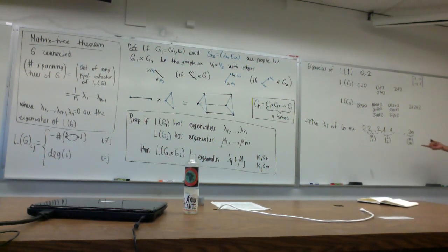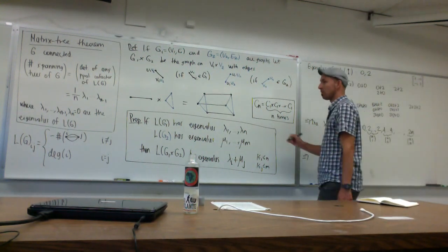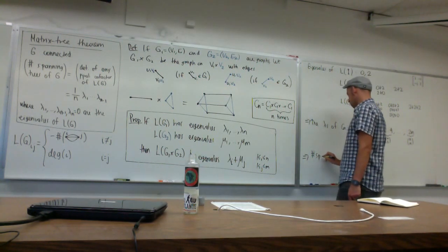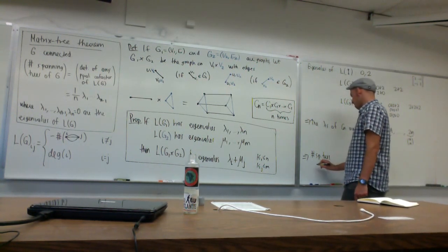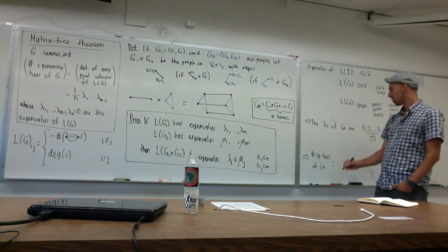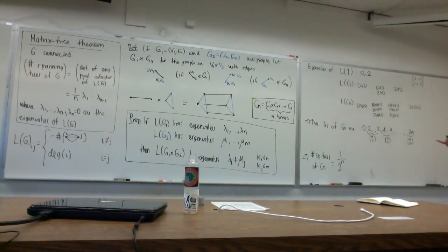But those are the eigenvalues of the cube, and then that means that by the matrix tree theorem, the number of spanning trees of the cube Cn is, I'm supposed to divide by the number of vertices, which is 1 over 2 to the n, and just multiply all of these numbers. Right?